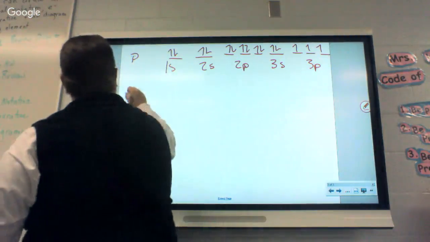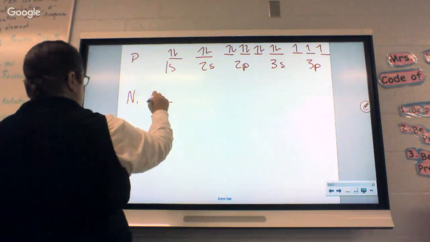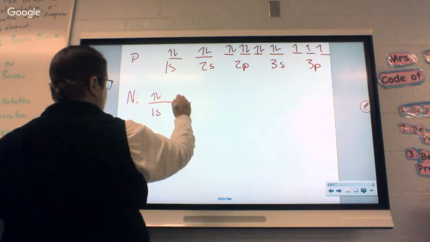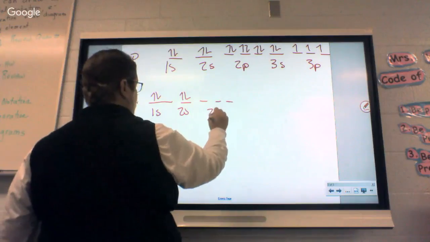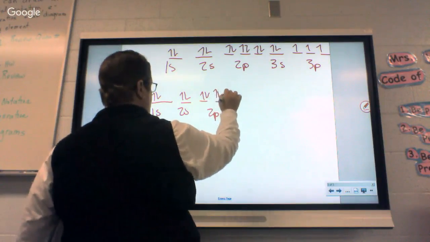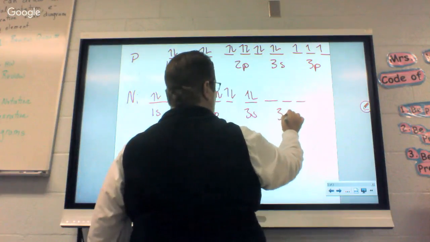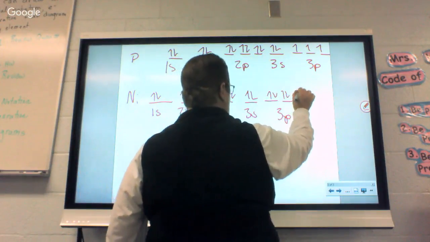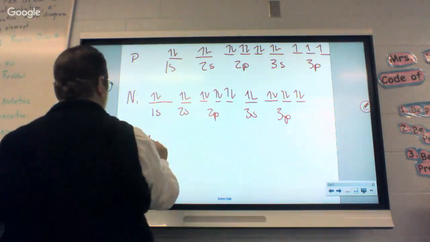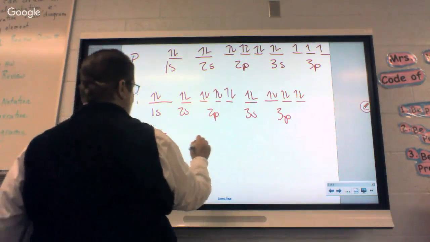And phosphorus, nickel, 4s, how many in 3d?